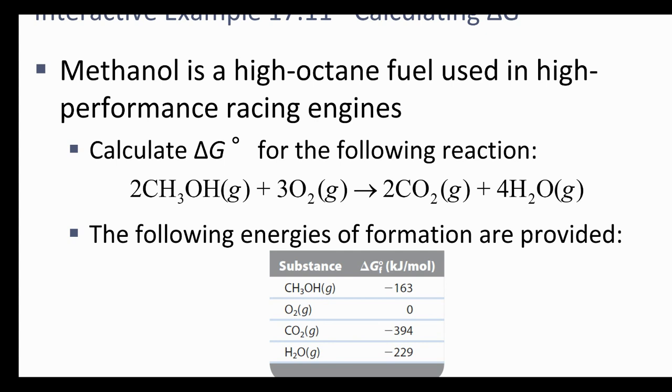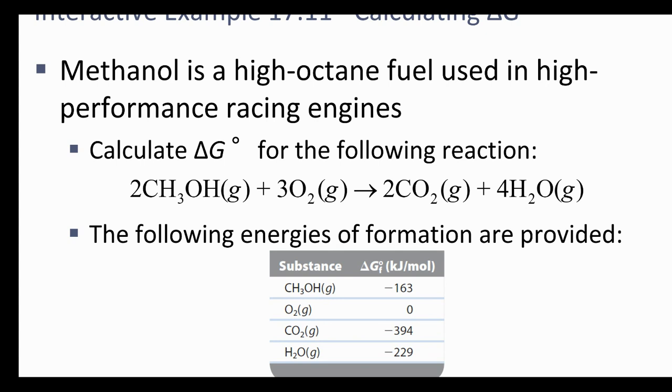So for example, if we have this reaction and we want to find delta G of reaction, here are the delta G's of formation. We'll just take products minus reactants once again. I can go ahead and do that here. We're going to take 2 moles times, where's the CO2, negative 394.